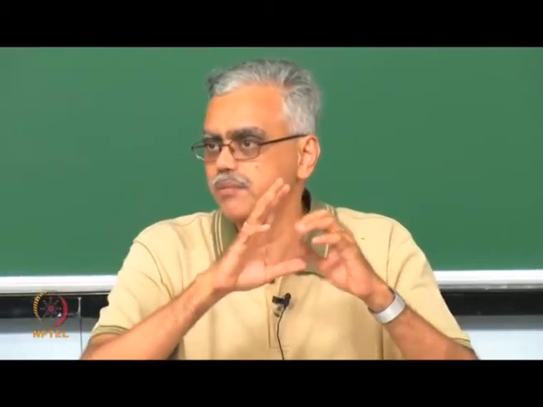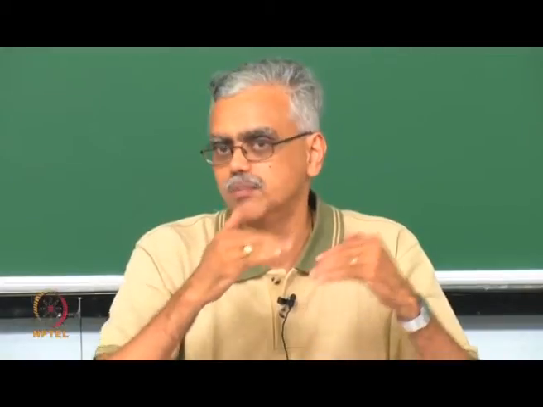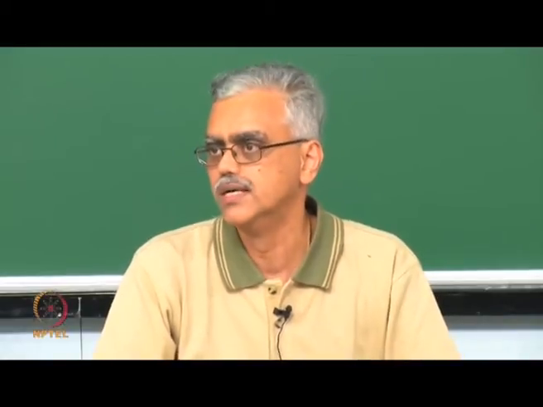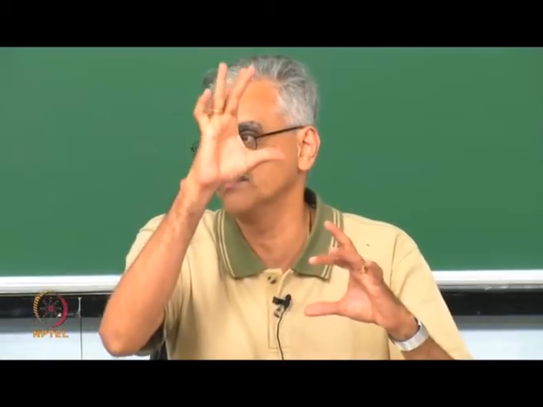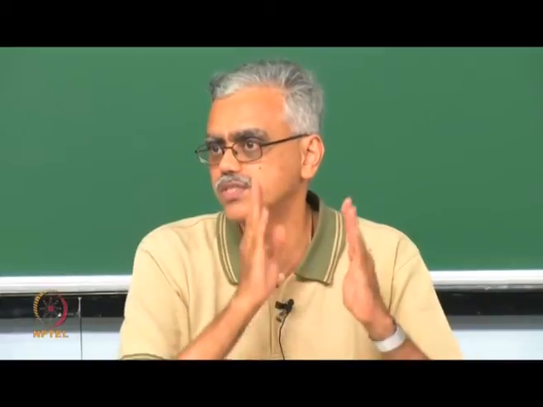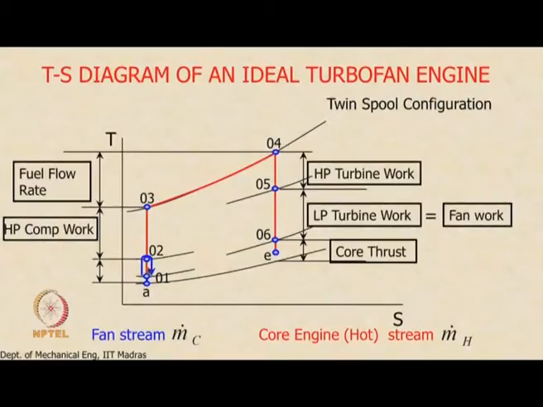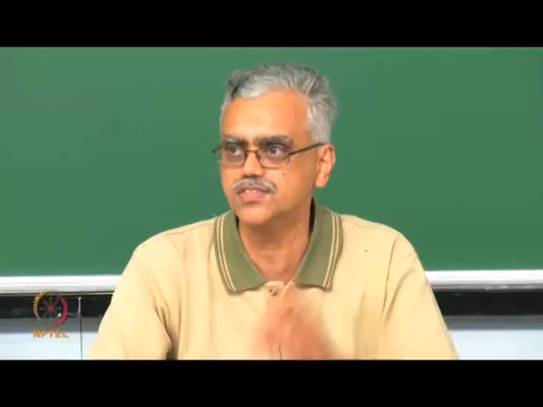The blade speed may be different from here to there, but the overall pressure rise across the fan will be constant, that is usually 1.17 or so. This is subsonic, that is supersonic, or it is the transonic fan which gives a pressure rise of 1.17 across it. That is why I have indicated 02 for the core stream also and for the fan stream. So that pressure rise is the same across the two.